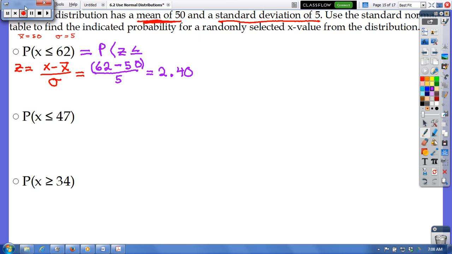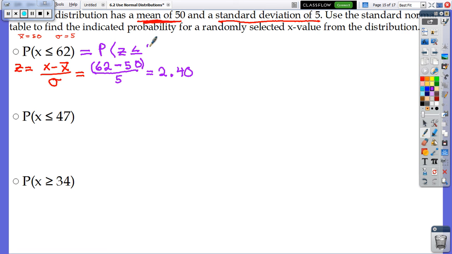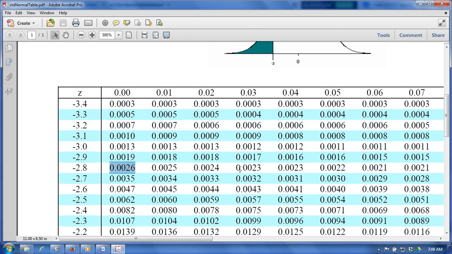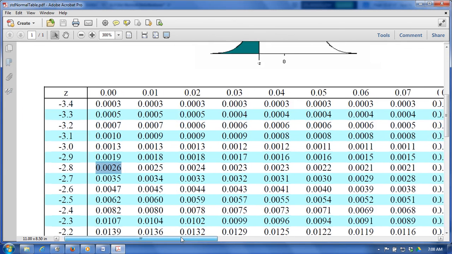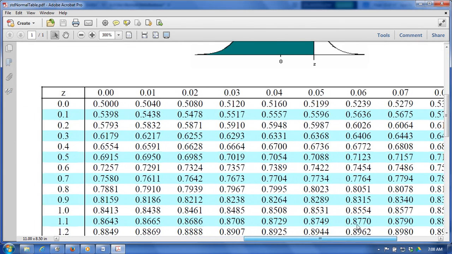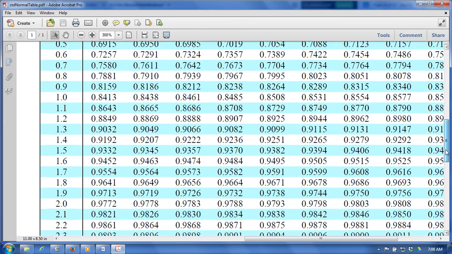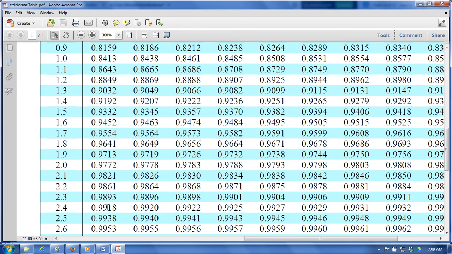Okay, so this is now the probability that Z is less than or equal to 2.40, and all I have to do is look that up on my chart. So I go to my chart, 2.40, I'm going to go over to the positive side, go down to 2.4.